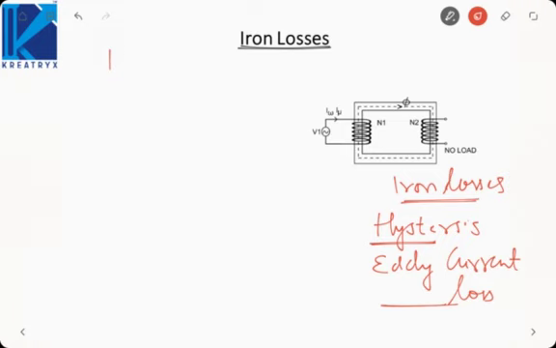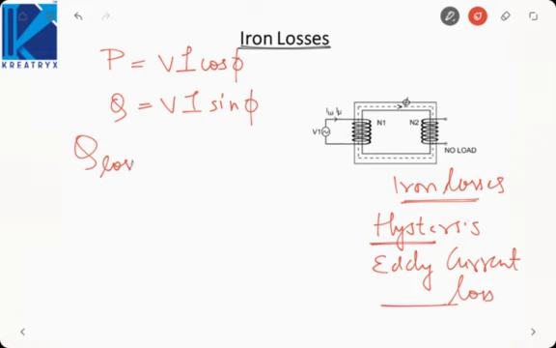Now, usually real power is VI cos phi and reactive power is VI sin phi. Now, if you observe, since the losses must consume only real power, the reactive power in loss must be 0. That is, the angle must be 0.